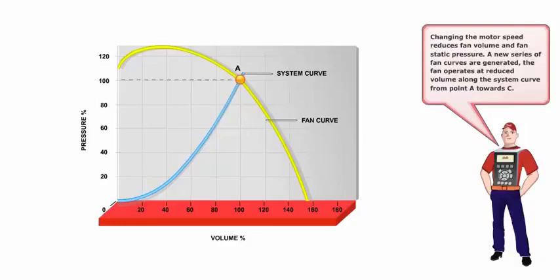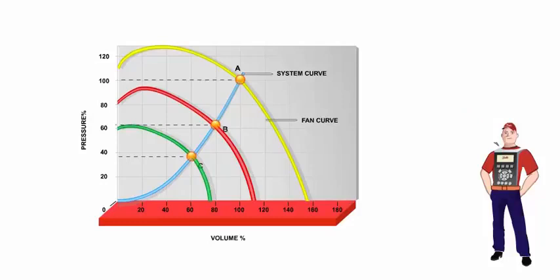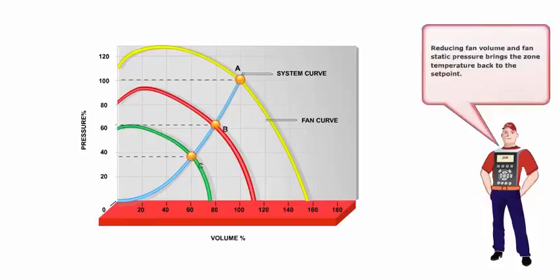The fan operates at reduced volume along the system curve from point A toward C. Reducing fan volume and fan static pressure brings the zone temperature back to the set point. The VLT HVAC drive runs the fan motor at variable speed, which results in maximum power kilowatt savings.